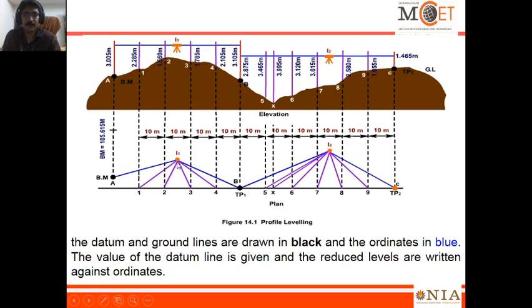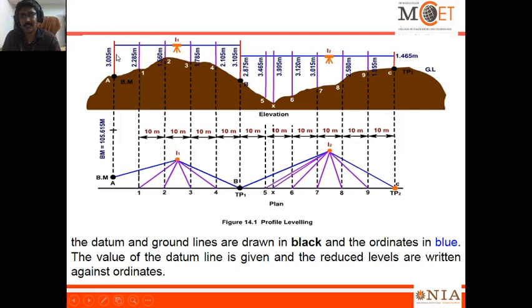From one position, we see how many maximum points we can cover. Here they kept the interval as 10 meters. It may be reduced to 5 meters or even 1 meter if the terrain is totally undulated. Based on the terrain, we can fix the gap. The benchmark at the first point was known, it is 105.61.